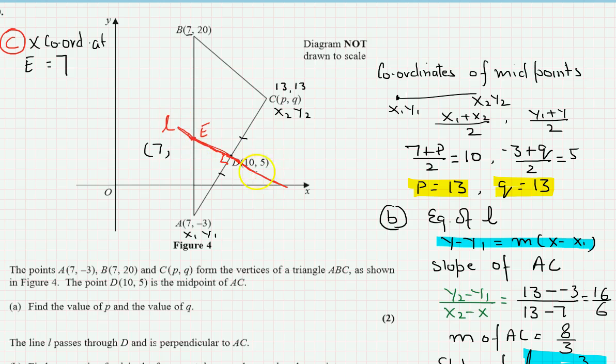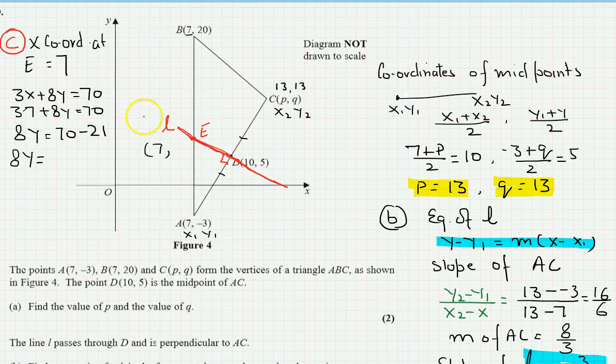Now this line is passing through this, and the equation of this line is 3x plus 8y is equal to 70. So 3x plus 8y is equal to 70, and x coordinate is 7. So 3 multiplies 7 plus 8y is equal to 70. 8y is equal to 70 minus 21. 7 times 3 is 21.